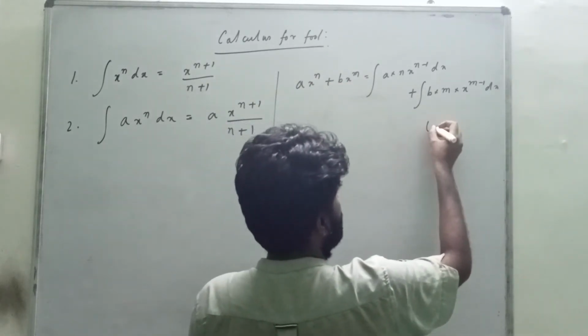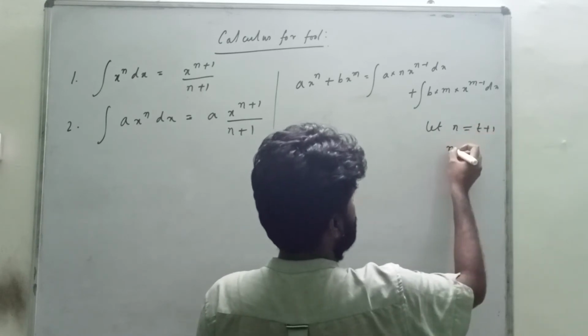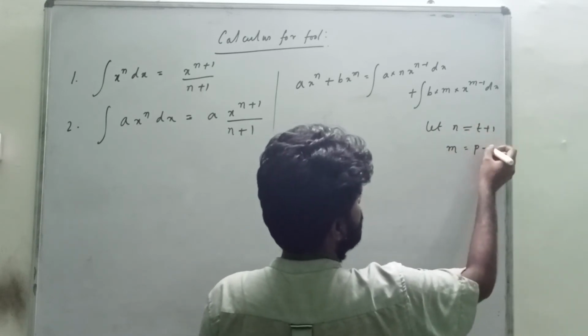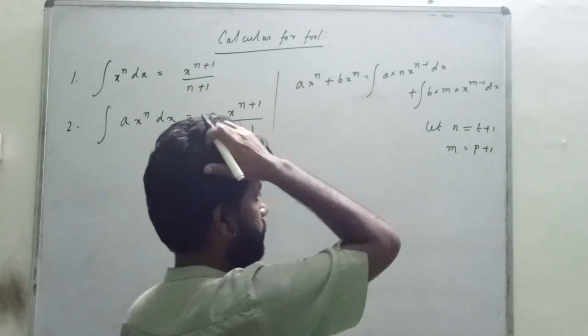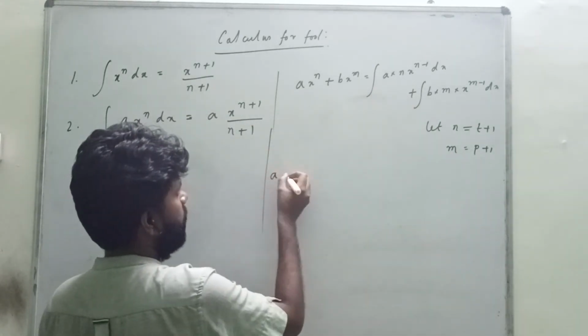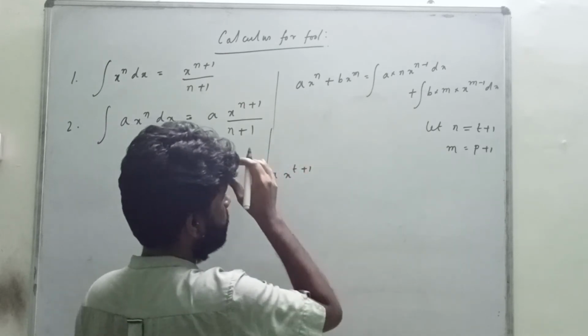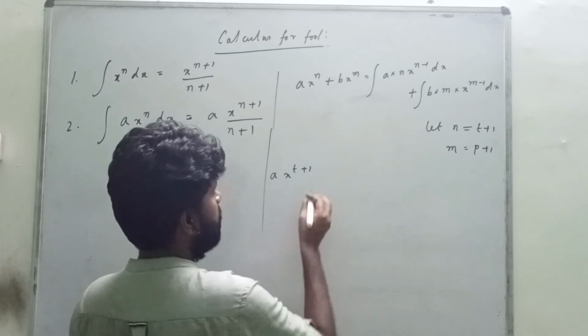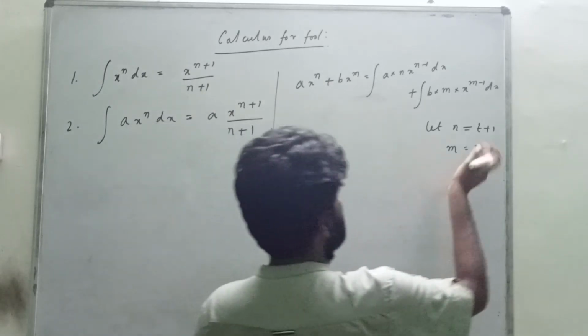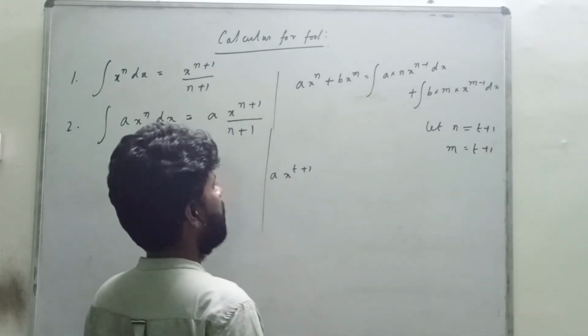If n equals t plus 1 and m equals p plus 1, then what will happen? It's a very simple thing. Instead of n, just write down t plus 1 here, and put in the same thing for the other term.